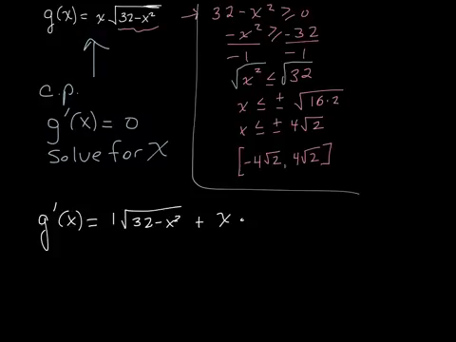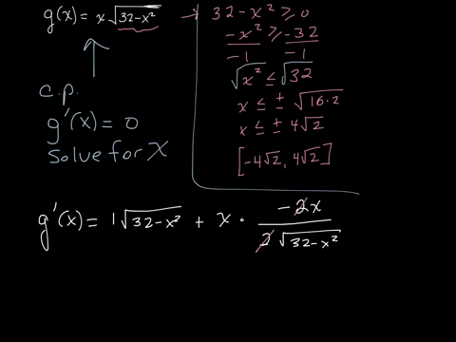Remember, anything that's a square root, the derivative is 1 over 2 square root, leave everything the same inside, times the derivative of the inside. The derivative of negative x squared will be negative 2x. That's why I strategically left that empty up top in the numerator.